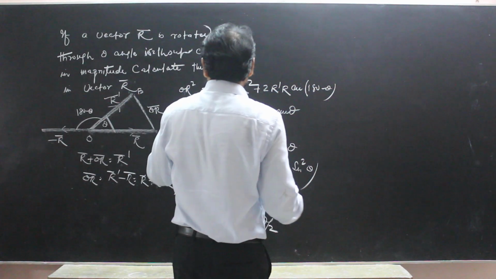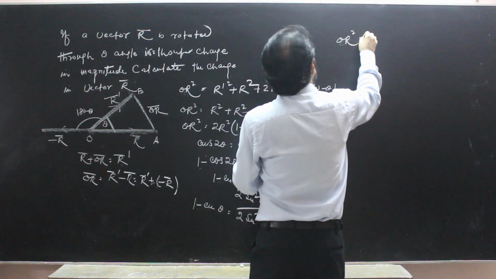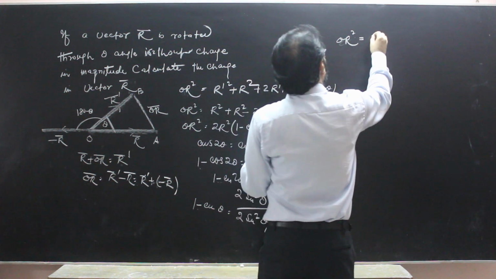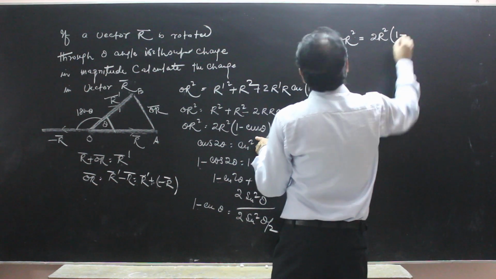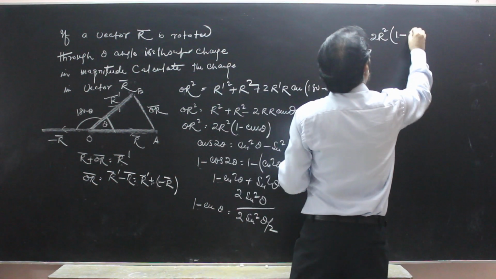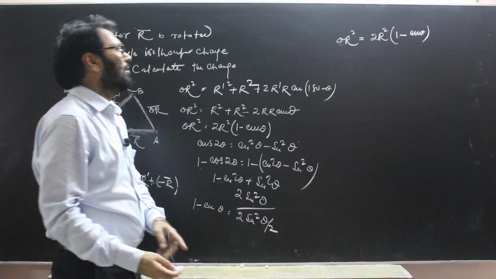So now delta r square is 2r square into 1 minus cos theta, and 1 minus cos theta is 2 sin square theta by 2.